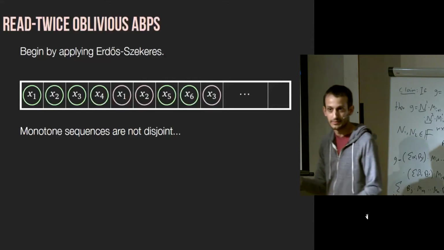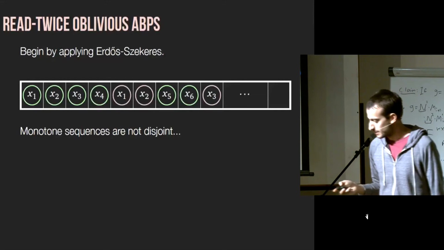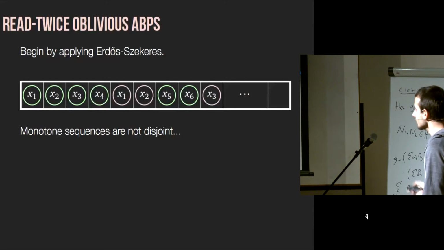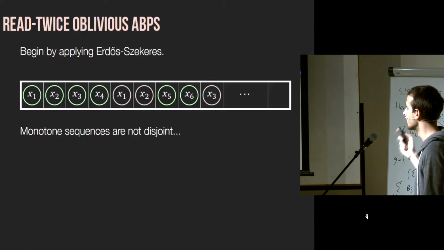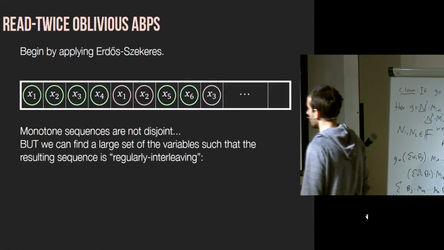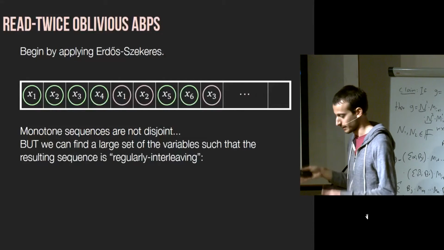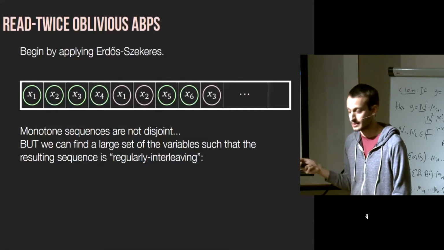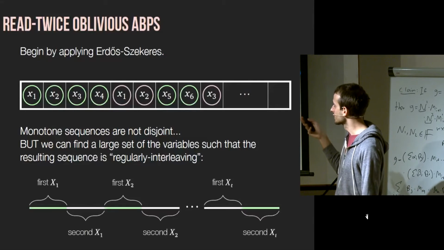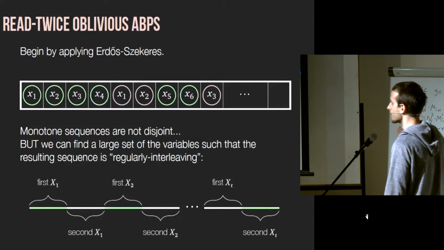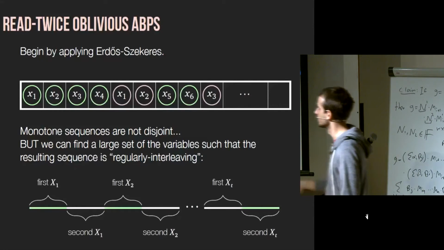Those sequences are sort of interleaving together, which is a problem, but not a big problem, because we just restrict ourselves further to some n squared over 3 variables or something like that, and we gain this useful structure that we call in the paper regularly interleaving. The structure is this.